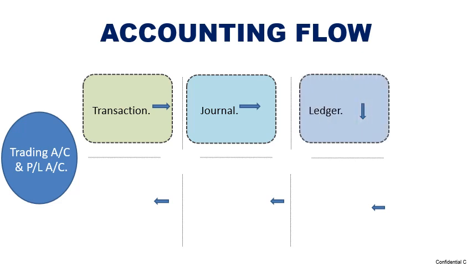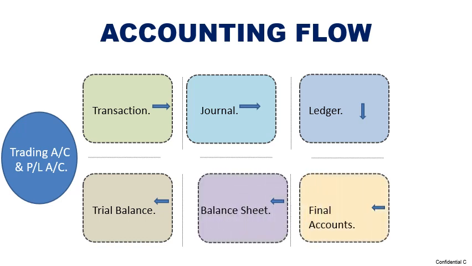Then we classify it as ledger. Then we make the trial balance. Then we make the trading and P&L account and the balance sheet. This is the accounting flow: journal, ledger, trial balance and financial statements.